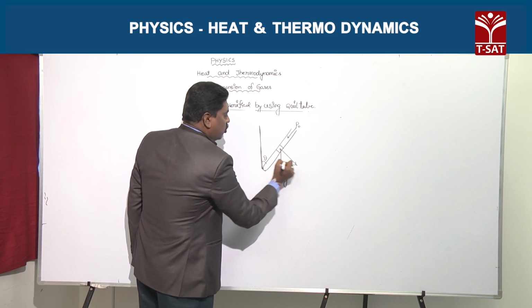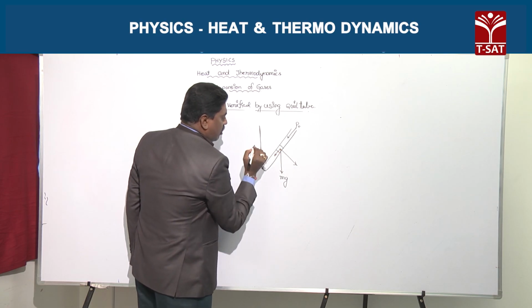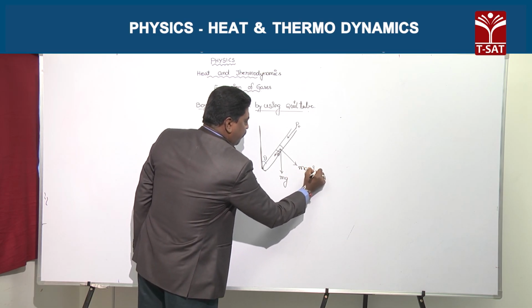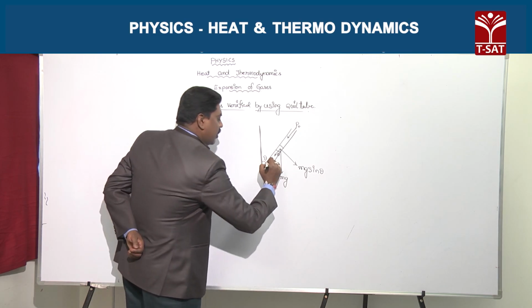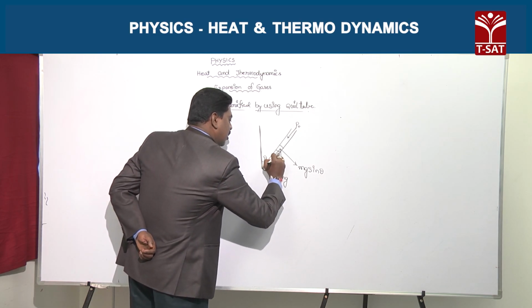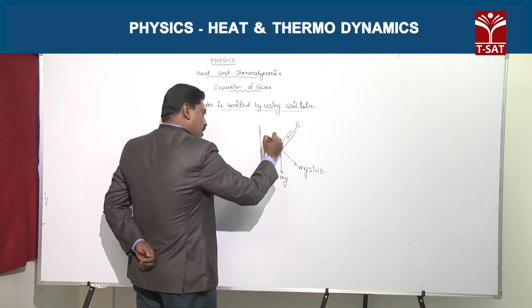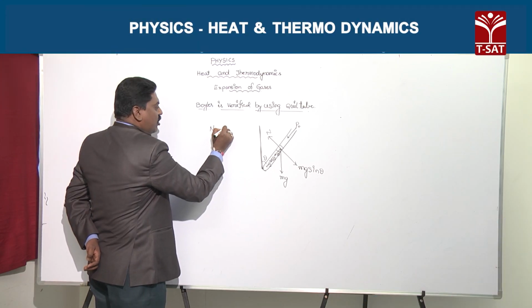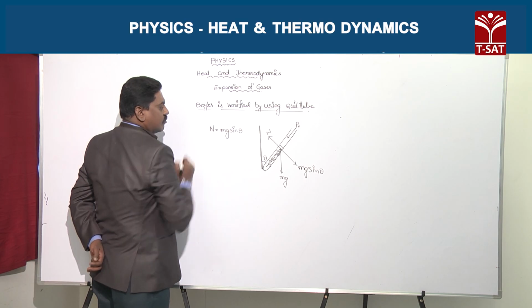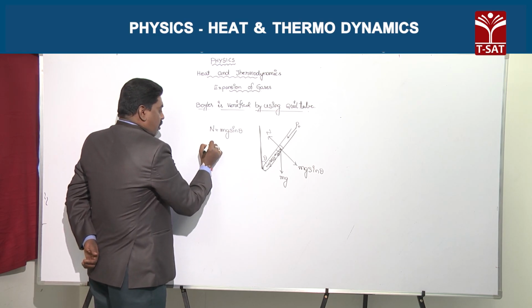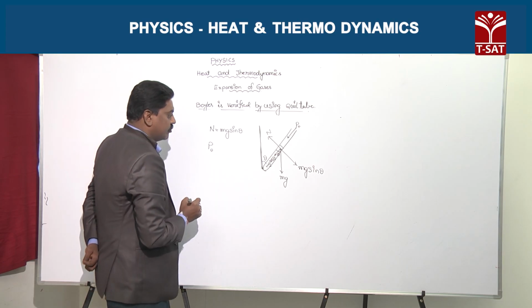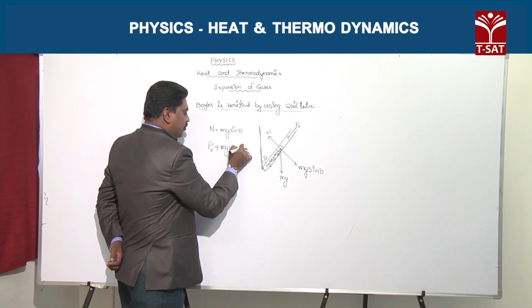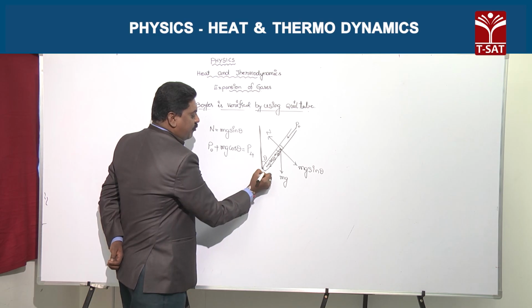Resolving into components, we get mg sin theta perpendicular to the tube and mg cos theta along the tube. Normal reaction N equals mg sin theta, and P0 plus mg cos theta equals the pressure P4.